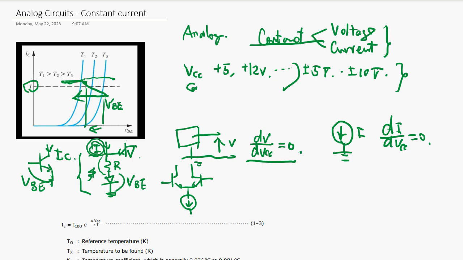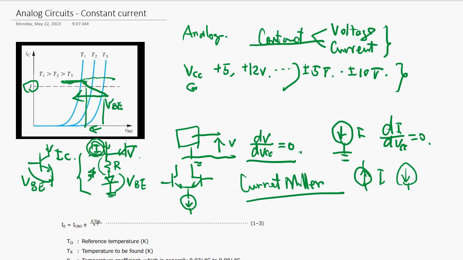Also, in the current mirror circuit, when you have a constant current, the mirror side is also affected by the same temperature.